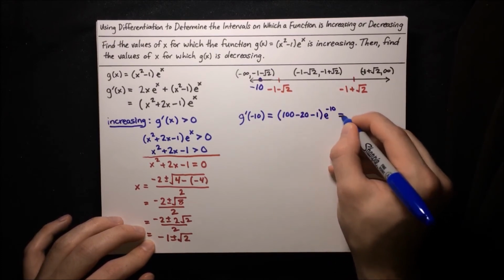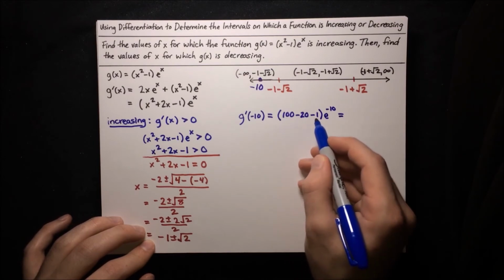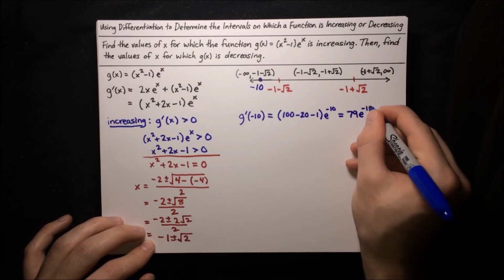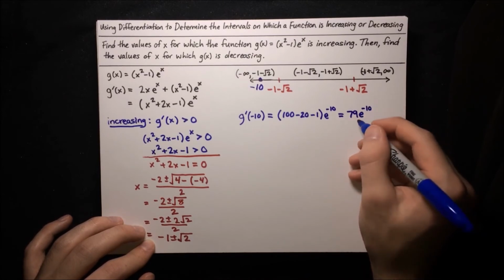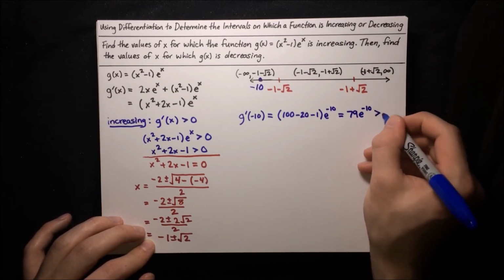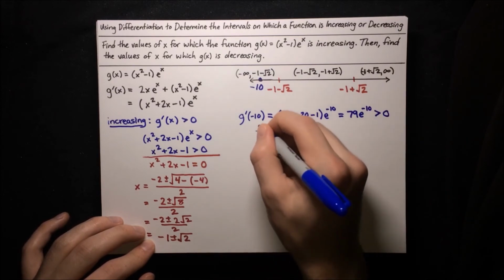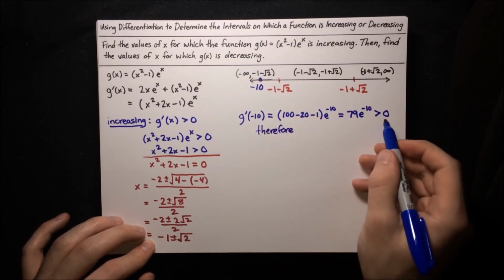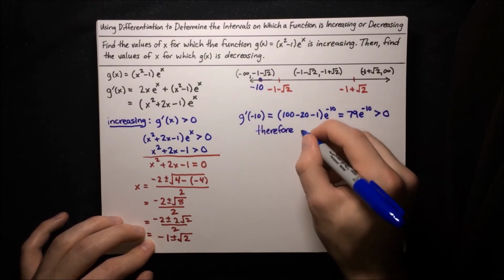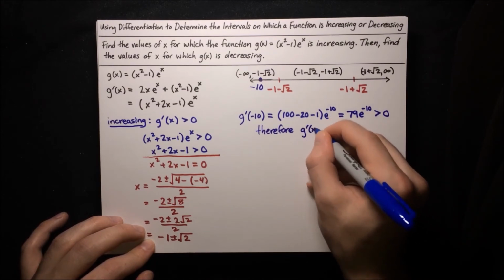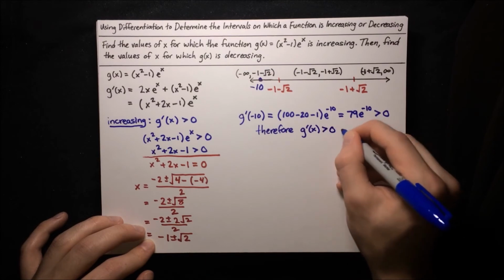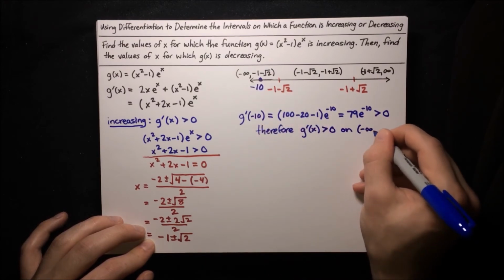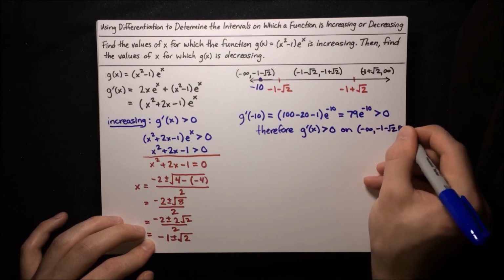That simplifies to 100 minus 20 is 80, minus 1 is 79, so 79 e to the negative 10. e to the negative 10 is positive, 79 is positive, so this is greater than 0. Therefore, we conclude that the derivative g prime of x is positive on that entire interval from negative infinity to negative 1 minus root 2.